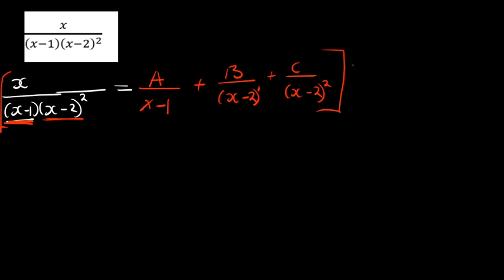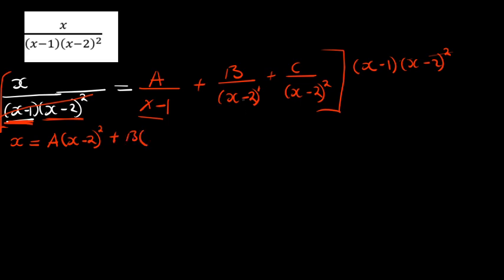So that is what you do, just like that. Now if I may ask, what is the common denominator? The common denominator is (x minus 1) and (x minus 2) squared. Now this part and this part, when I multiply them, the answer is 1 times x, I'll have x is equal to. So when I multiply this part times this part, the only thing that I remain with is a times (x minus 2) squared, plus b.